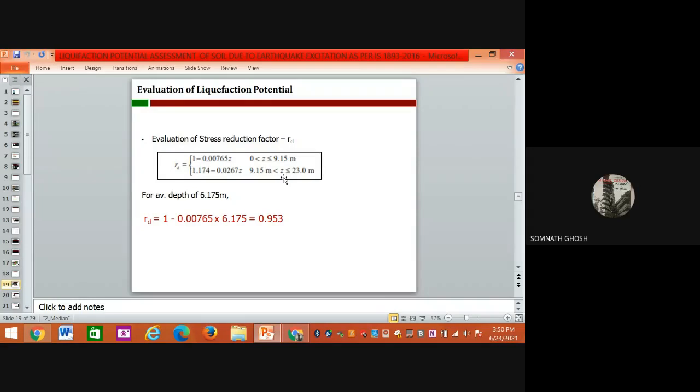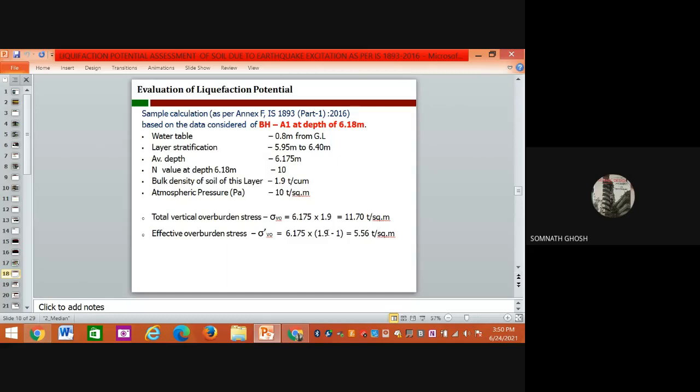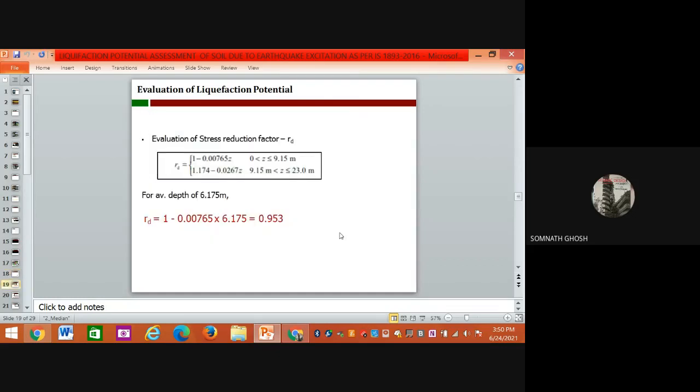Because water table is up to 0.8 meter, we are considering at 6.18. So that gamma S minus gamma W term will come. If the depth is less than 0.8, then you are not to consider this gamma W, right? So then RD, at this depth RD they have calculated using this formula, simple, just putting Z, they got it.